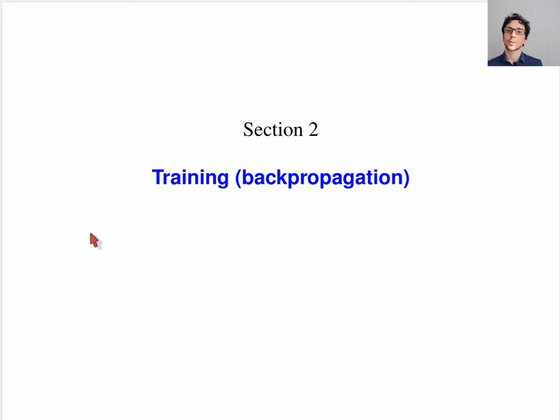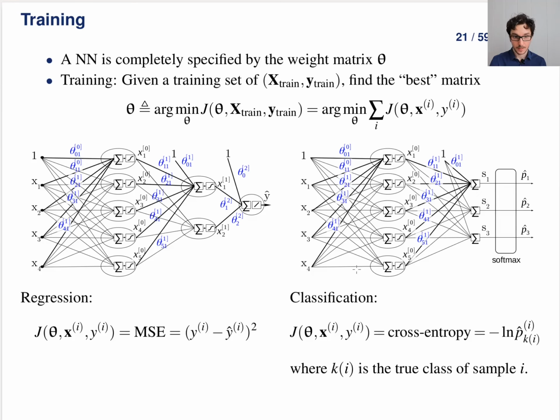So far we have assumed that someone gave us the neural network already trained with the parameter vector theta already established. Now we will see how we can train the neural network ourselves, which means how we can find the optimal parameters which minimize the loss function.